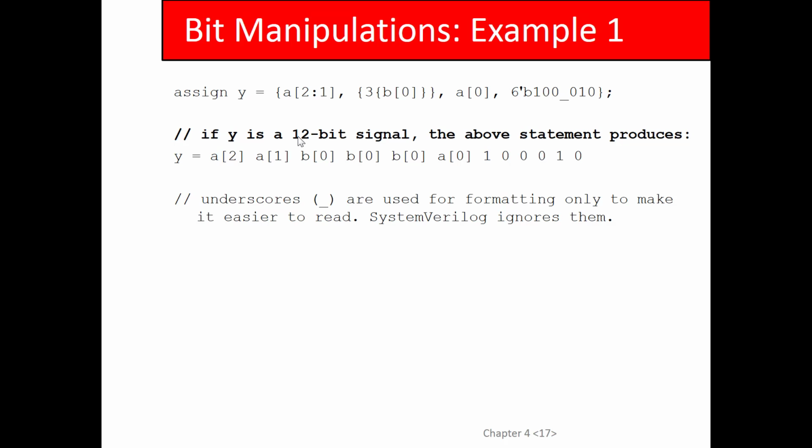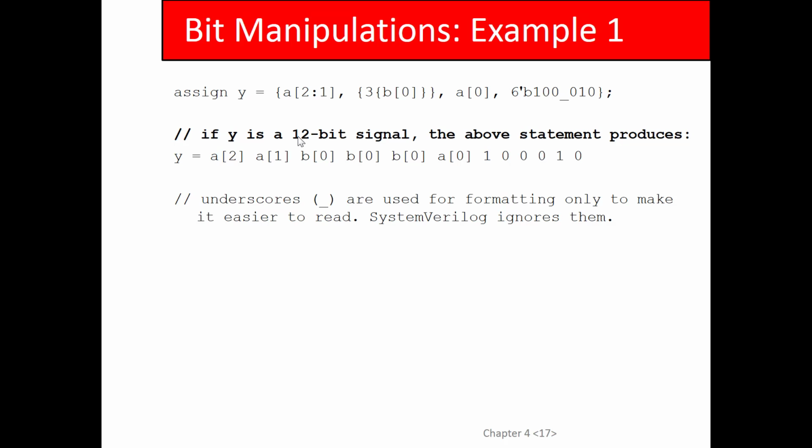So this takes the least significant bit of B, bit 0 of B, and copies it 3 times. So y is 2 bits, plus this is going to add 3 bits to it. So that's 5. There's 6, one more. And then there's 6. So this ends up becoming a 12-bit expression. It comprises 12 bits, and it's formed of all these pieces.